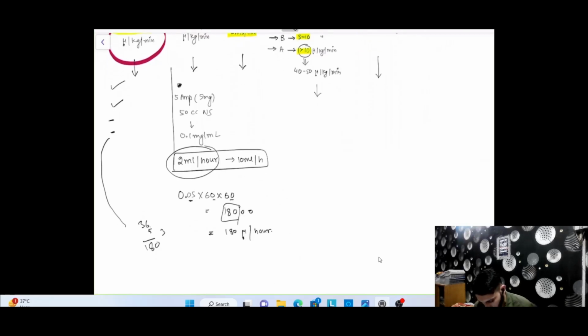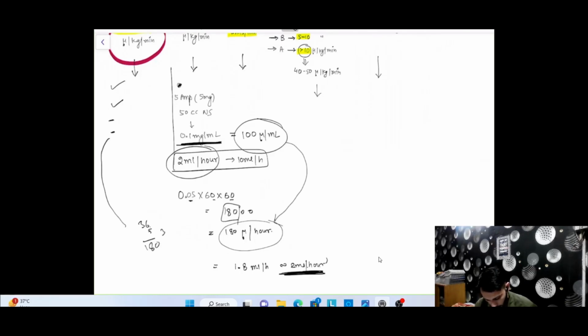So the concentration is 0.1 mg per ml. What does that mean? It is around 100 mics per ml, right? So if we have a concentration of 100 mics per ml and we have to give a minimum of 180 microgram per hour, that will come as 1.8 ml per hour, which is very close to 2 ml per hour.